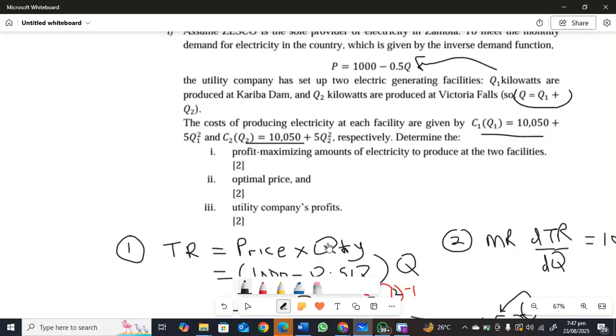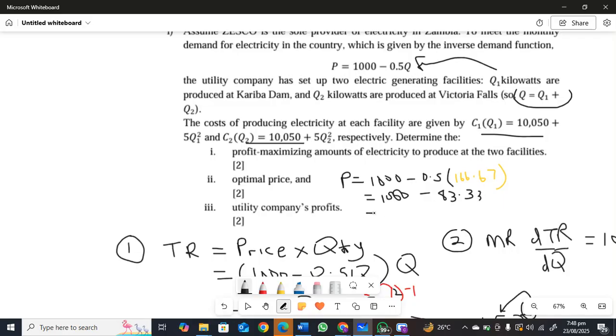So for the optimal price, just say P equals 1000 minus 0.5 open brackets 166.67. So it's 1000 minus 0.5 times 166.67. I believe it's 83.33 because 0.5 is like half.